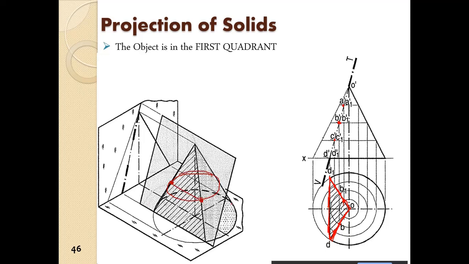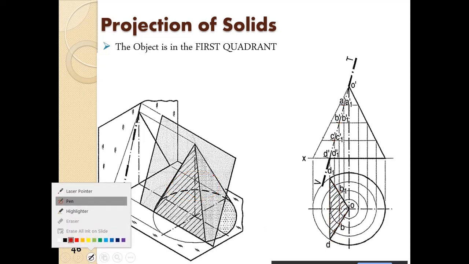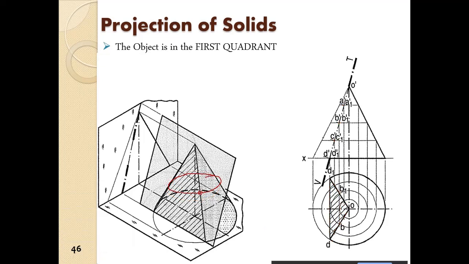So there will be 2 points, B1 dash and B dash, suppose I get. So this is the circle. That is the basic concept of getting the points for an inclined plane in a cone.